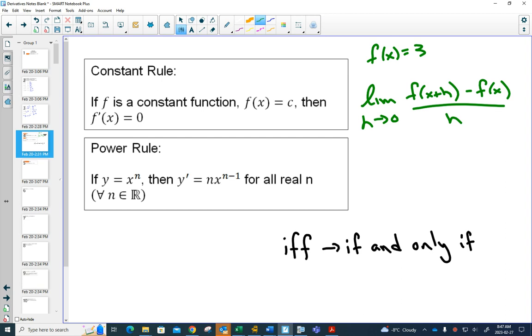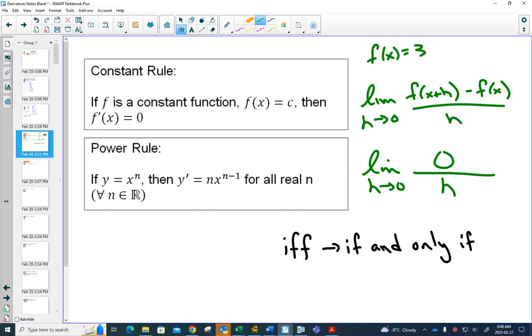And the top would be 3 minus 3, right? You get 0. So the question is, why is this limit equal to 0? Because technically we still have 0 over 0. There's no way that we're ever going to cancel out this h.